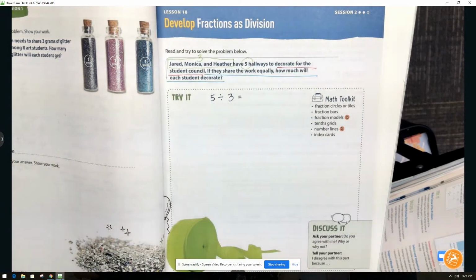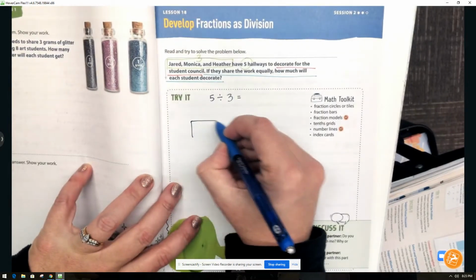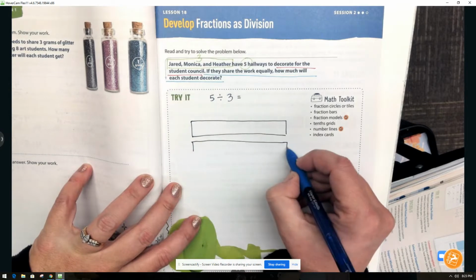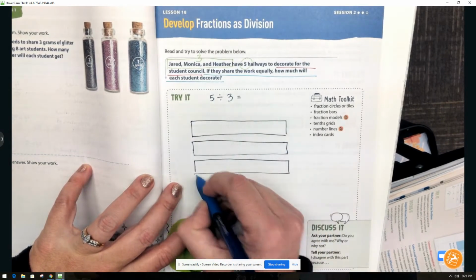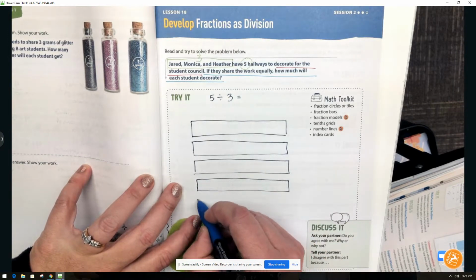So based off of our lesson yesterday, you probably already know the answer, but I want to draw a picture just to give you an idea. So what I'm going to do is draw 5 hallways. 1, 2, 3, 4, 5.